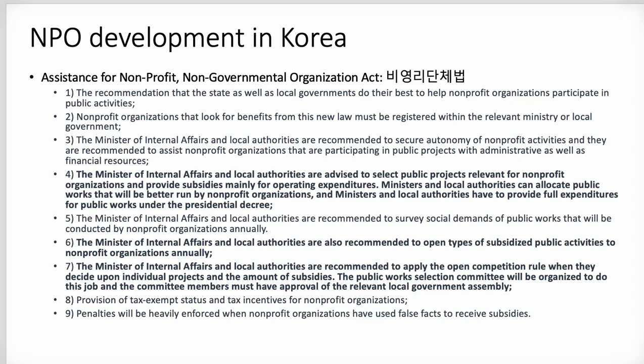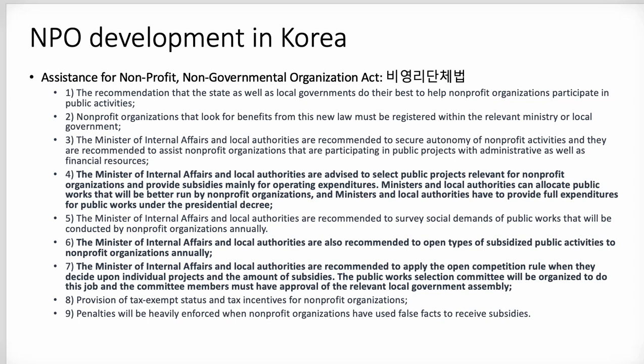So you remember the Assistance for Nonprofit and Non-Governmental Organization Act, right? In here, it states the roles of a government regarding the relations between nonprofits.